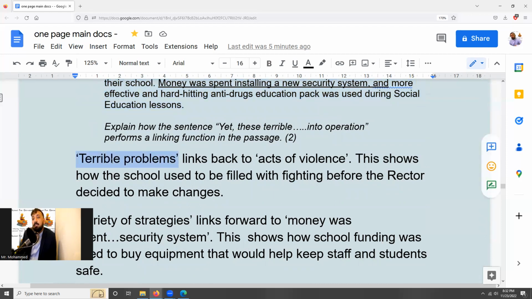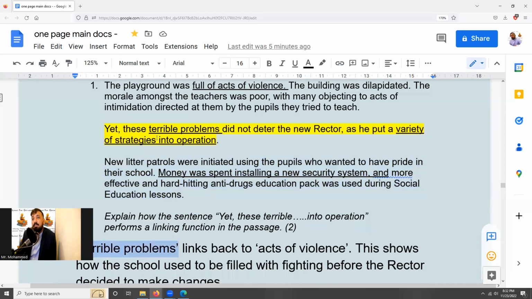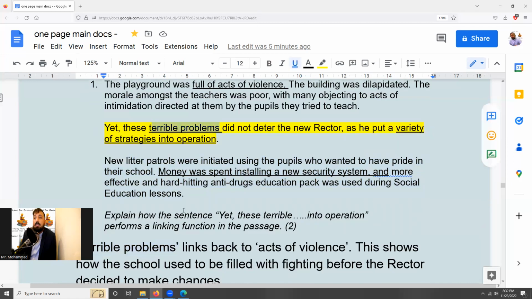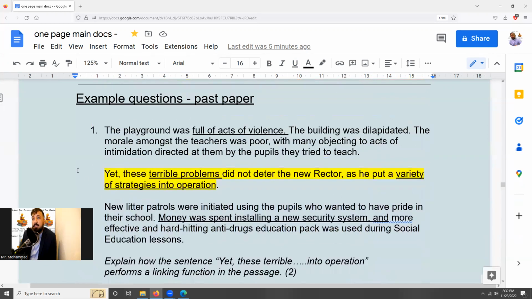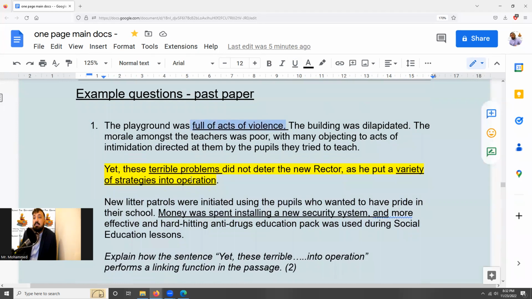So "terrible problems", which is from the link, links back to. Do you see how it's word for word? And remember, when you're doing this, you can do the exact same word for word. And then I quote the part from before, "acts of violence". So "terrible problems" links back to "acts of violence".